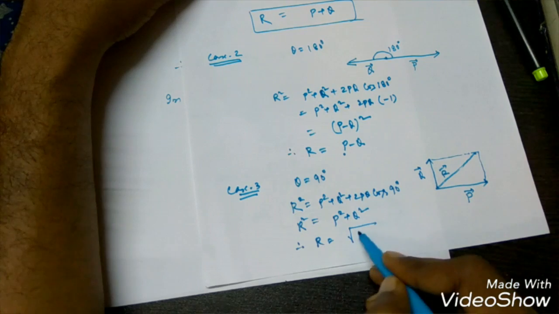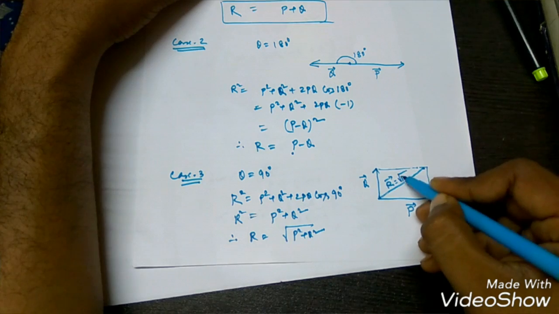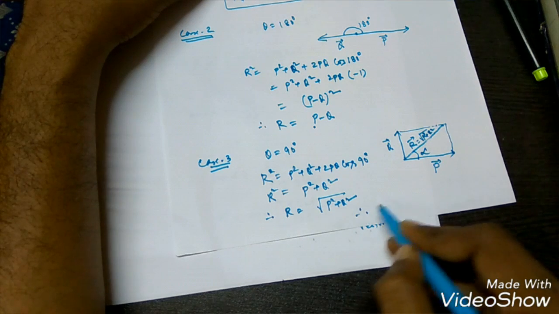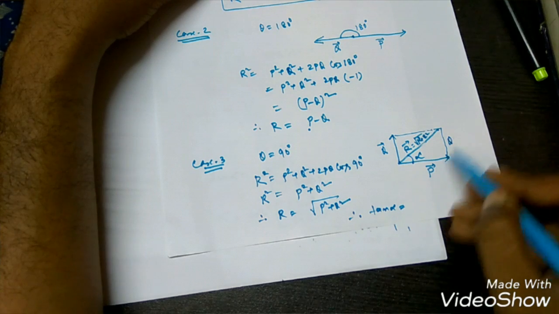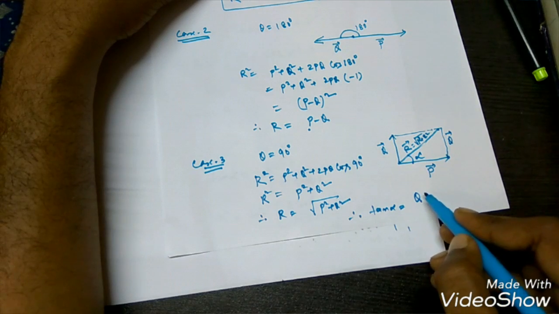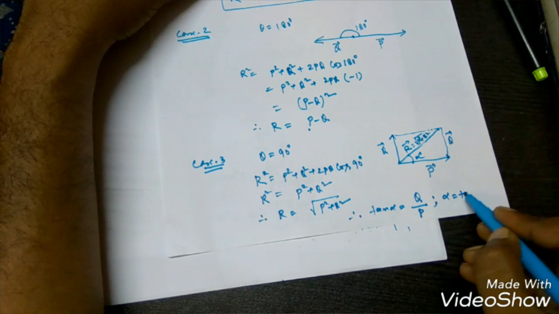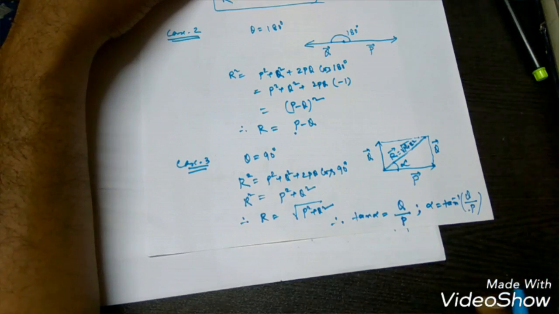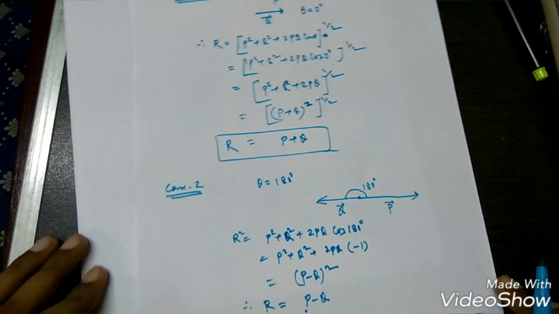So R is equal to under root P square plus Q square, and the angle alpha will be equal to, tan alpha is equal to, from the figure we are finding that this is Q and this is P. So alpha will be equal to perpendicular by base, that is perpendicular Q, base P. So alpha will be equal to tan inverse Q by P. So there are 3 cases, case 1, case 2 and case 3.